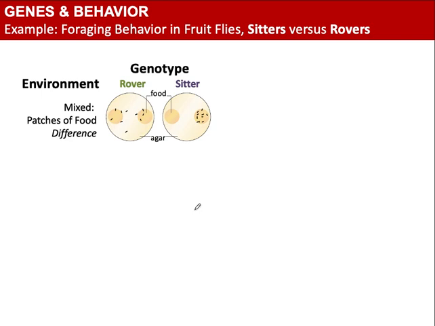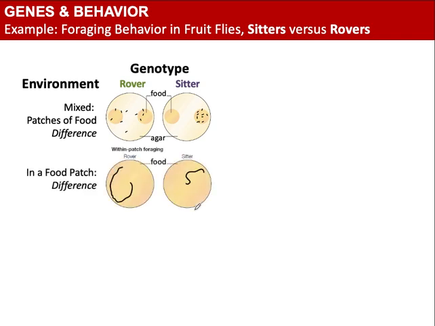So this is an example of a study looking at the relationship between genes and behavior in fruit flies. Fruit fly larvae show different patterns of foraging behavior when searching for food. So one variation is the rover. Rovers show longer foraging trails on food and have a greater tendency to leave a patch of food than sitters do.